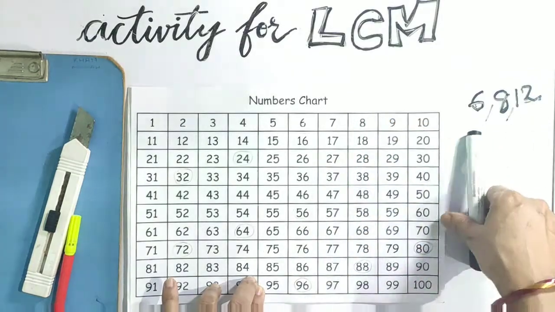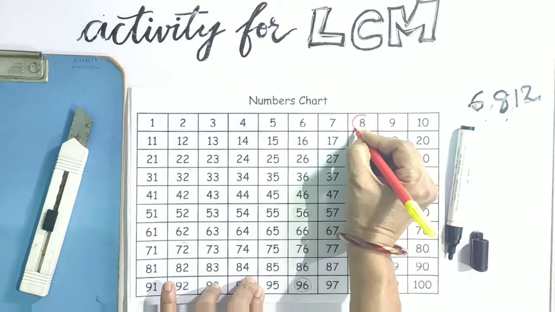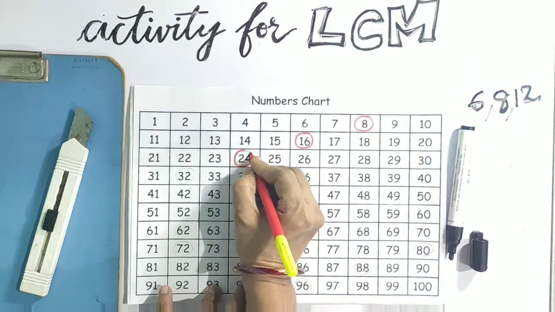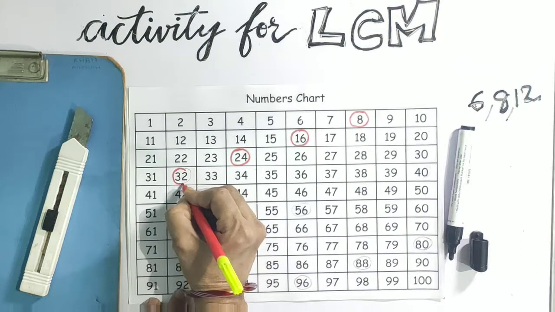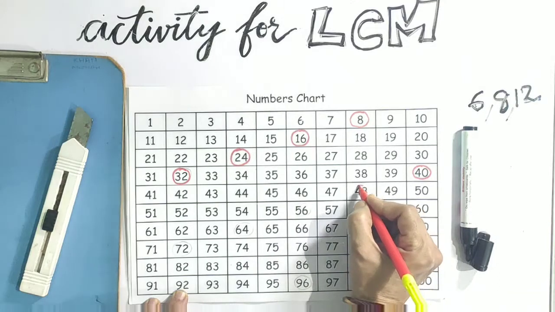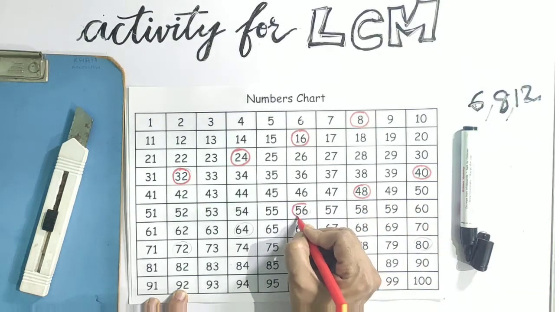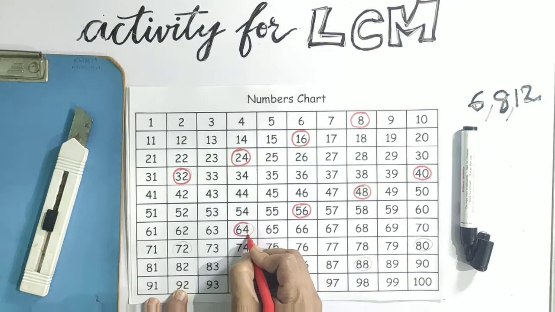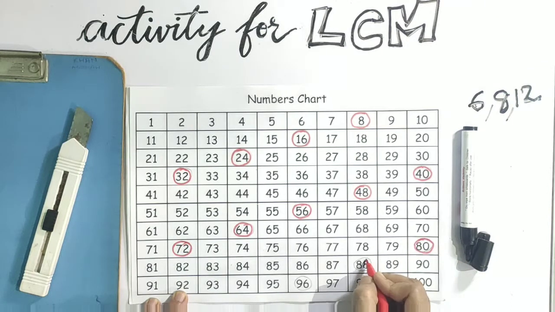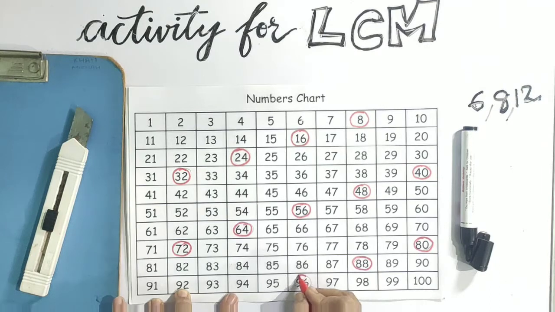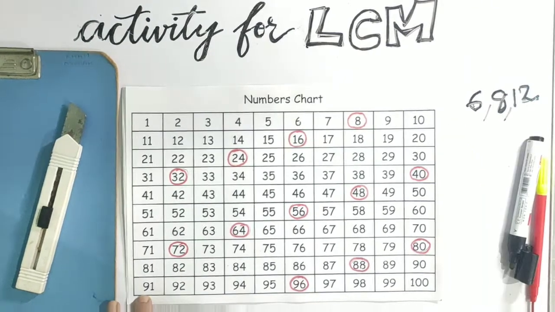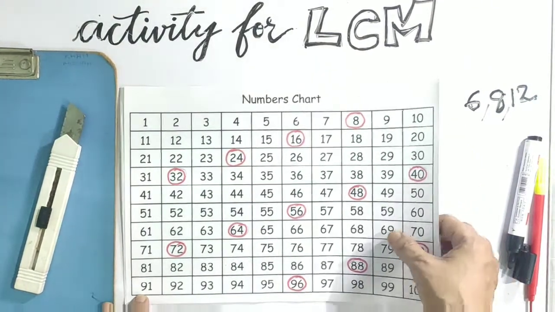So 8 ones are 8, then 8 twos are 16, then 24, 32, 40, 48, 56, 64, 72, 80, 88 and 96. So you will have to encircle all the multiples of 8. So now I have encircled the multiples of 8.